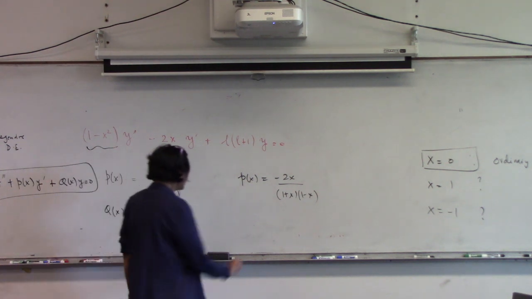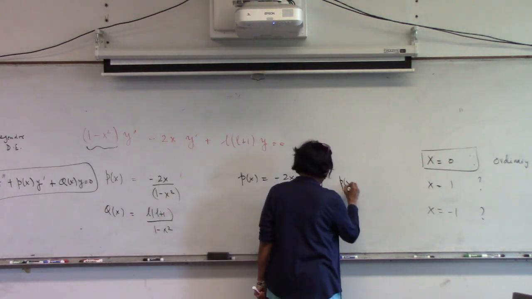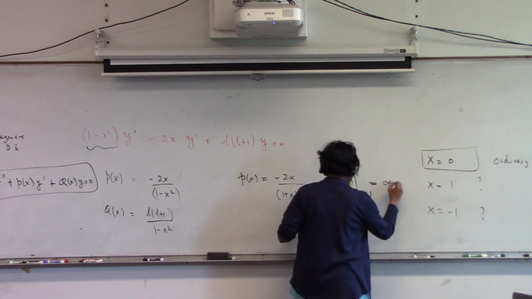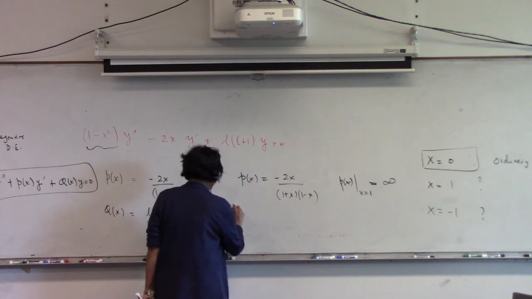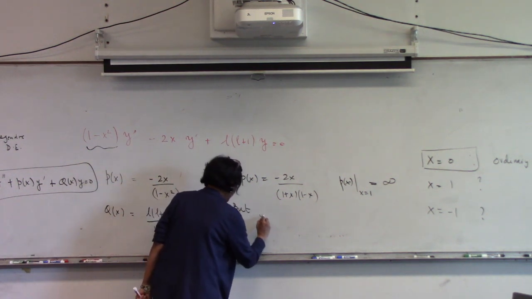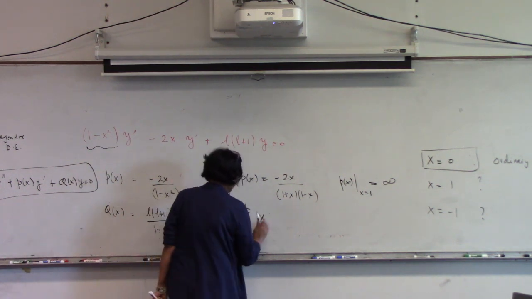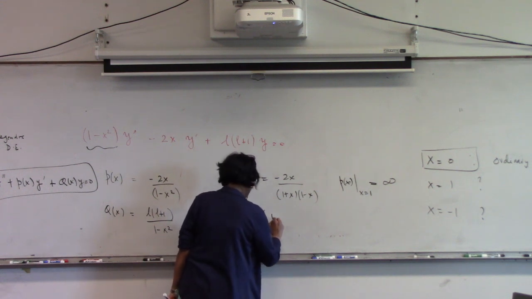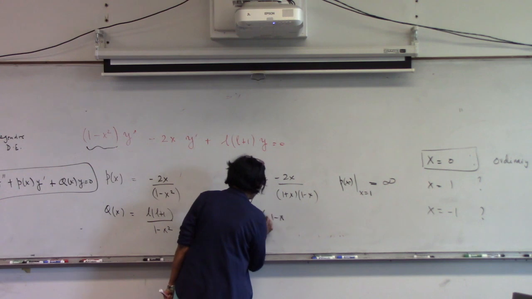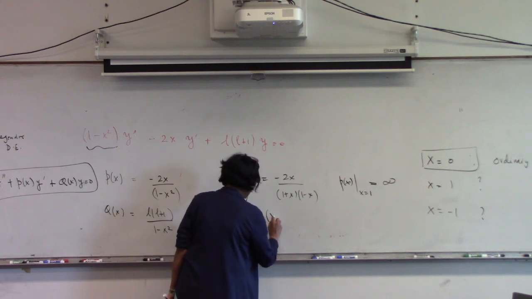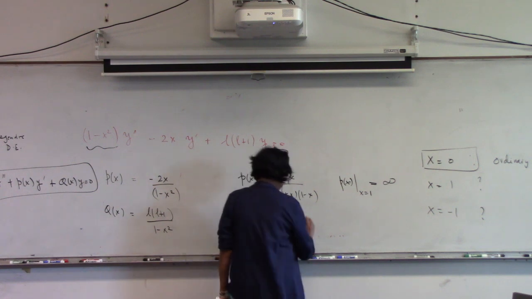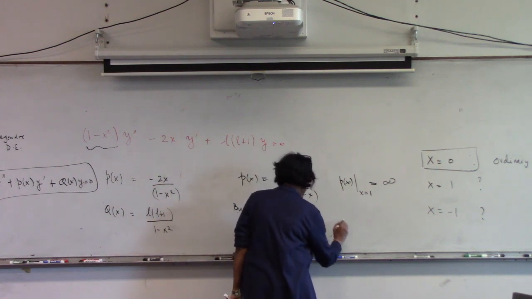So p of x at x equal to 1 is infinity, but x minus 1 times p of x at x equal to 1, what is that?